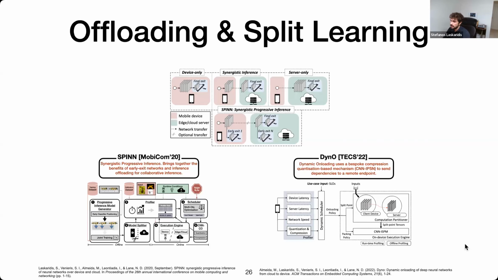On the offloading side, we have mostly worked in the past on two systems, namely Spin and Dyno. The former couples early exit networks with offloading for synergistic execution of the network across device and edge. And Dyno handles a similar task, that of offloading, effectively pushing computation from the cloud to the device in a configurable precision of intermediate representations manner.